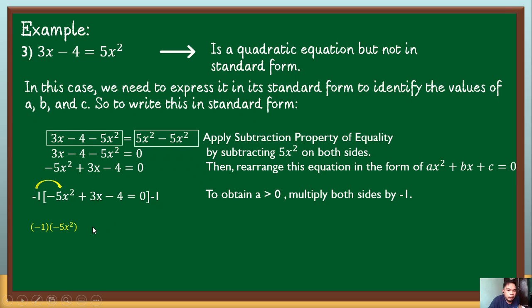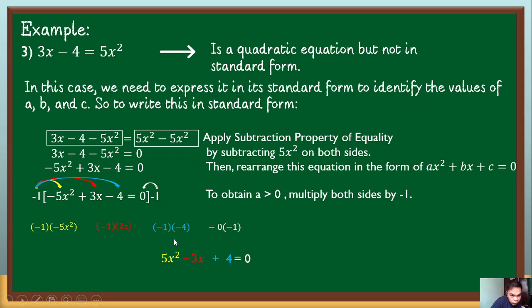Okay? So we have negative 1 multiplied by negative 5x squared equal to 5x squared. Negative 1 multiplied by 3x is equal to negative 3x. And negative 1 multiplied by negative 4 is equal to positive 4. Negative 1 times 0 is equal to 0.